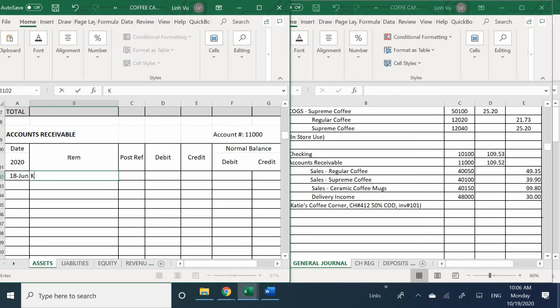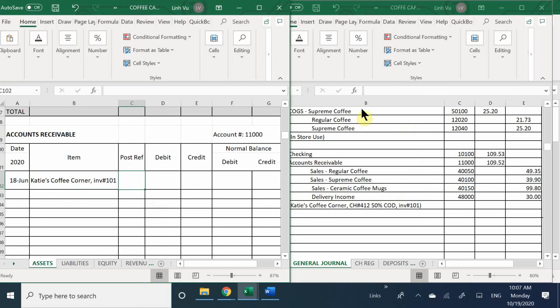Katie's Coffee Corner. 50% COD, net 5, we don't need to have that information there. What we can have is the invoice number, because the invoice tells you exactly all that information: that she paid 50% down, that it's due in 5 days, and how much is actually due.